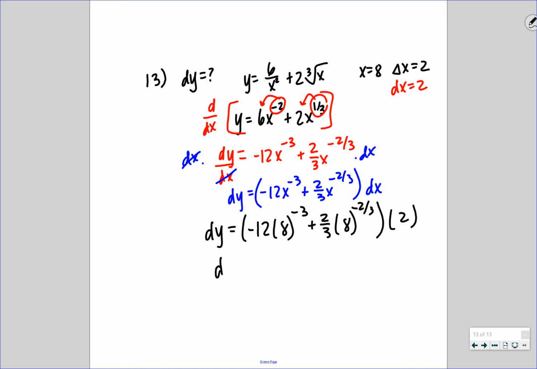which is 2. So I'm going to move these exponents around. This is negative 12 times 1 over 8 cubed plus 2/3 times 1 over the cube root of 8 squared, times 2.